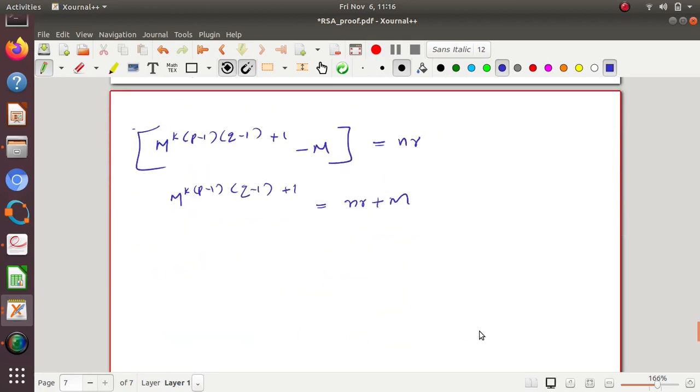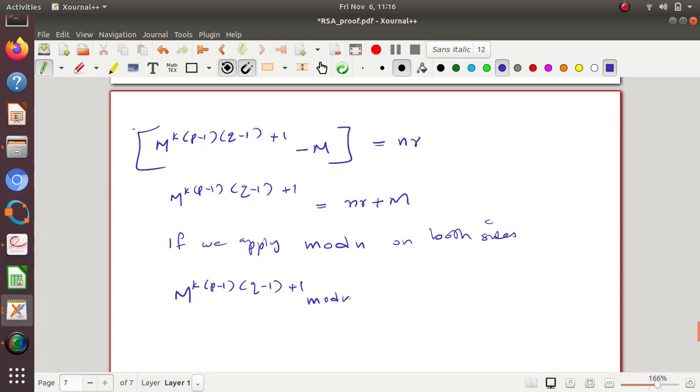That m is taken this side, and if we apply mod n on both sides, we'll have m to the power k(p minus 1)(q minus 1) plus 1 mod n is equal to (nr plus m) mod n.